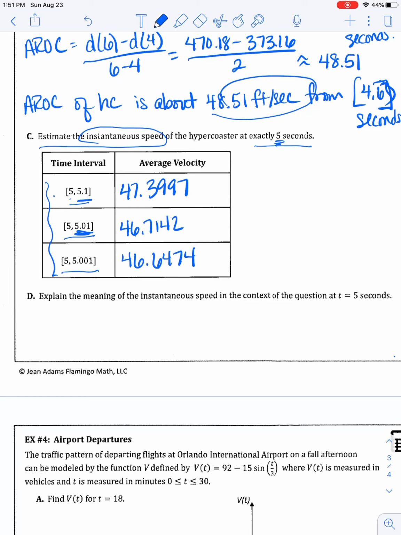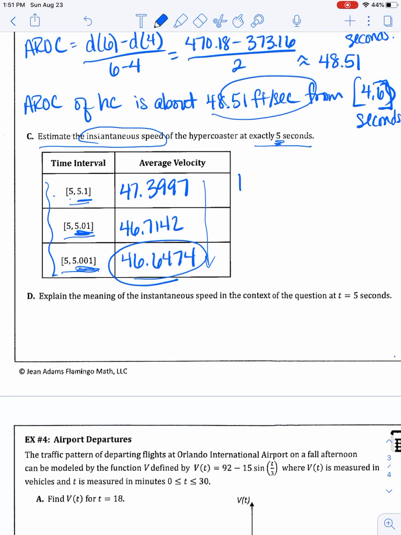46.6474. Now this one seems to be a little less obvious as to what we are approaching. So I'm just going to go with this bottom number. Like, it's not approaching 46 even. I mean, we're already 3 decimals away, and we're at 46.6474. I'm not even going to say it's approaching 46.6. I don't know how far it's going to go. So I'm going to stop with that answer right there.